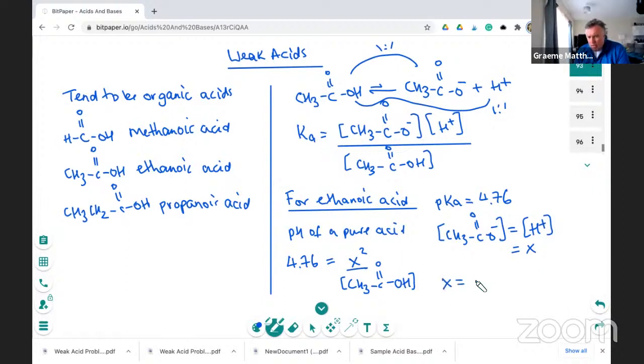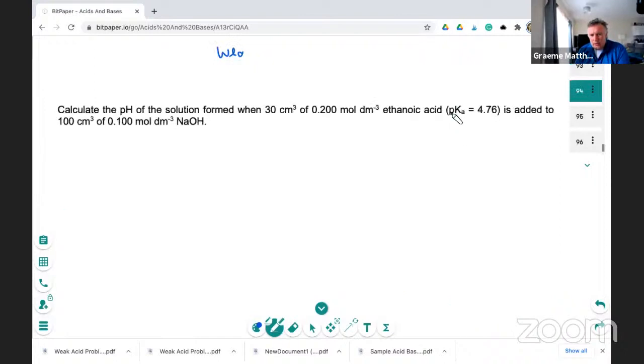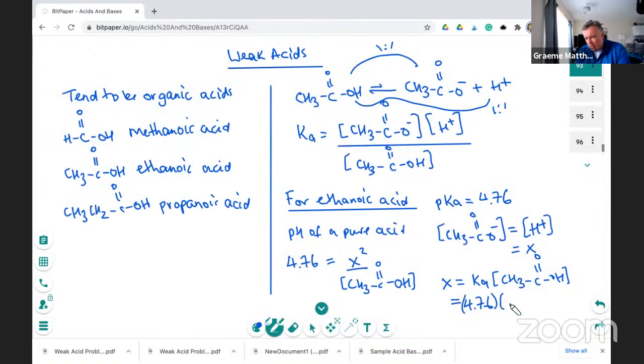is going to be Ka times the concentration of the weak acid right here, which is going to be 4.76 times, let's see, I'll just pinch this value, I think it was 0.2 molar, 0.2 moles per decimeter cubed.